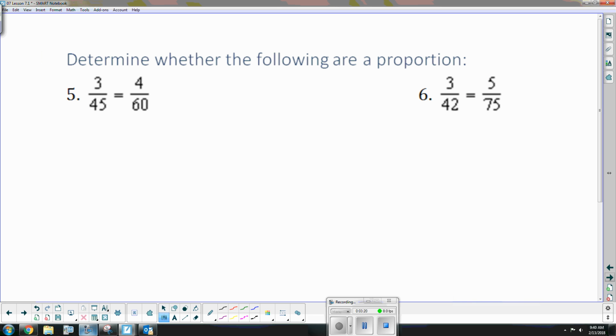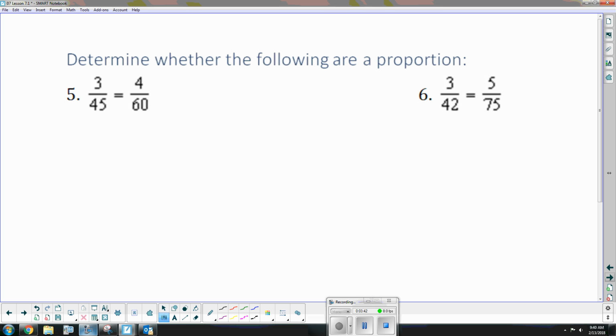In these next two, determine whether the following are a proportion. You can do this a couple of different ways. You can reduce into simplest form. You can divide to get a decimal or a mixed number maybe. Or you can cross multiply.